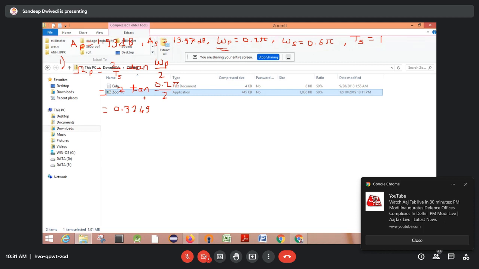Same thing you are doing: 2 tan 0.2 pi divided by 2. Okay, you are getting a different value. Instead of pi, you can take 180.